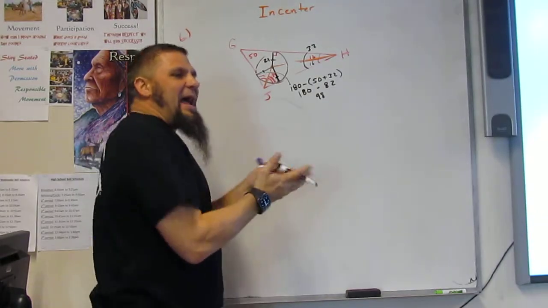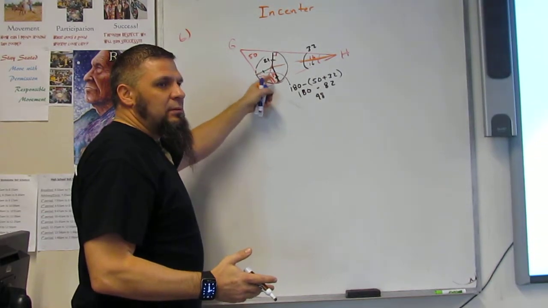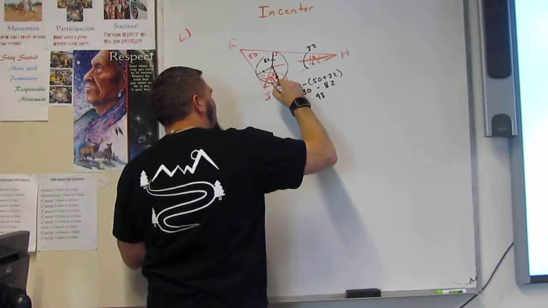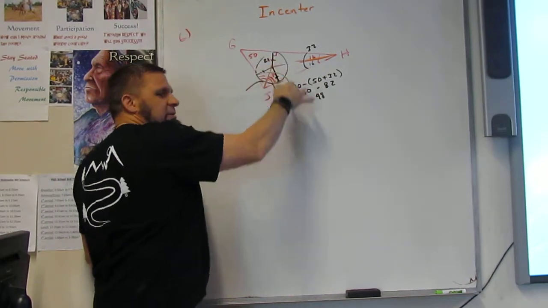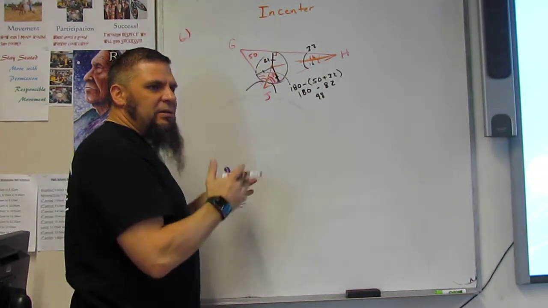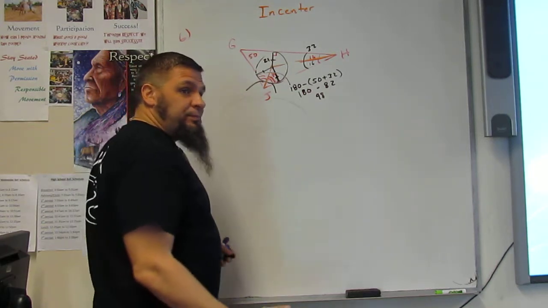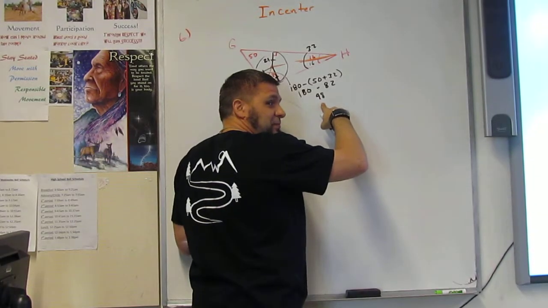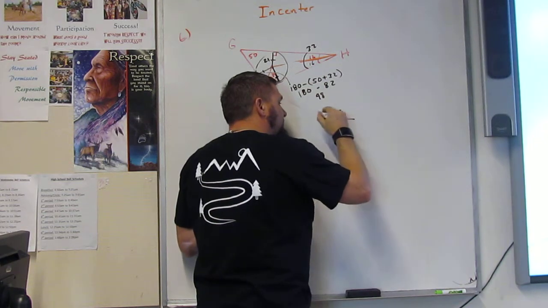Now if we cut that in half, how much would each angle be? 49. So 98 divided by 2.